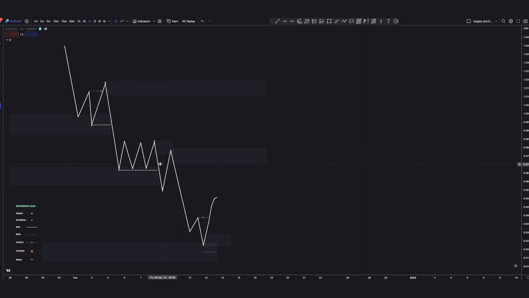Every time there's a push and a pullback, when price comes to and enters these zones, we call it mitigated, right? So price made a push, pulled back, and mitigated this supply. So what is the new supply, since this was already touched, mitigated? This is the new supply.